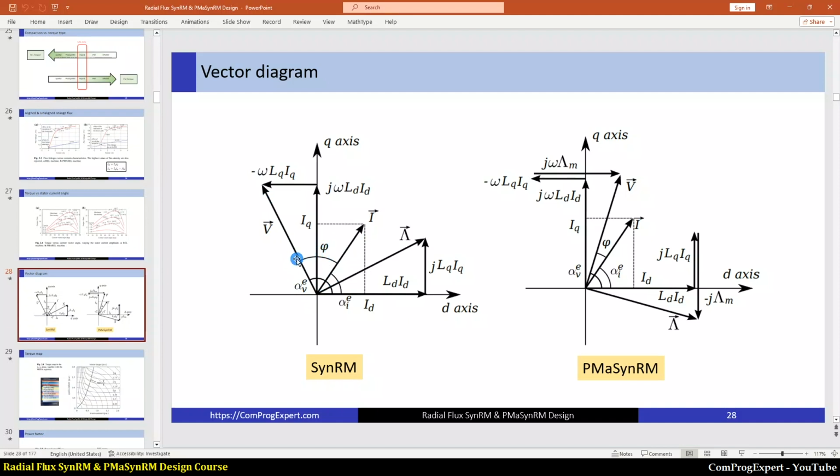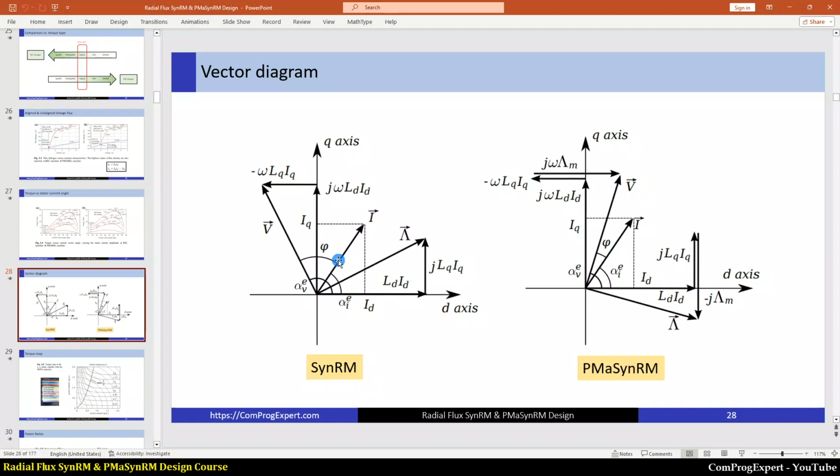As you can see here, this angle is high, and this is why the value of power factor is low in this motor type. If you want to reduce the value of phi, you should increase the saliency ratio. Yes, you should increase LD and reduce LQ, to reduce the angle of the flux linkage phasor, to reduce the value of phi and increase the power factor.